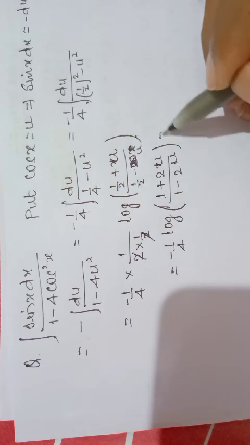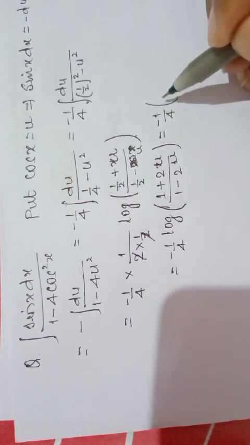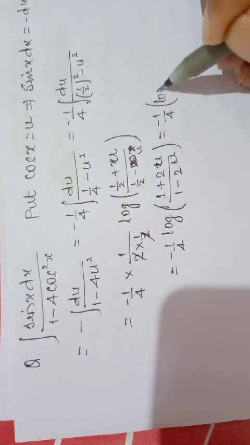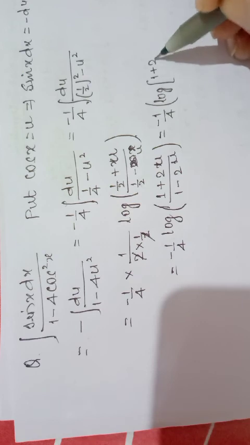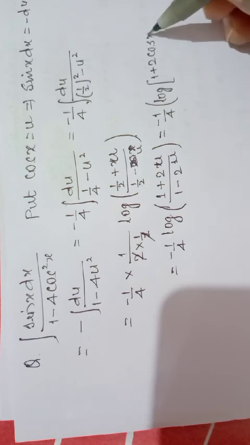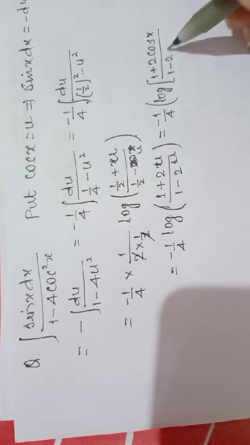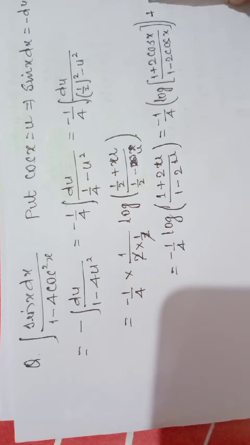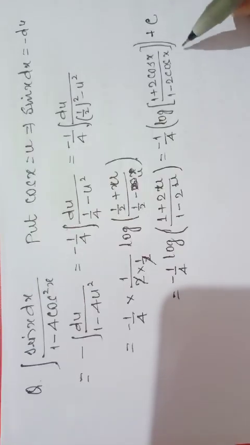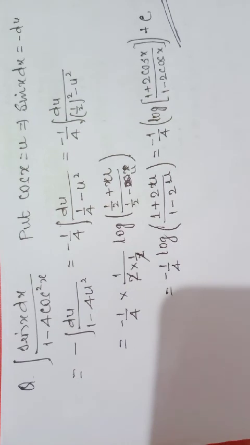So it is minus 1 upon 4 log of 1 plus 2 cos x divided by 1 minus 2 cos x plus constant c. This is your result. In this way we solve the problems.